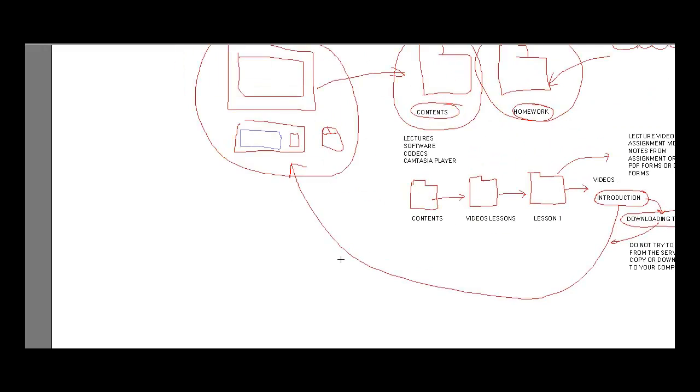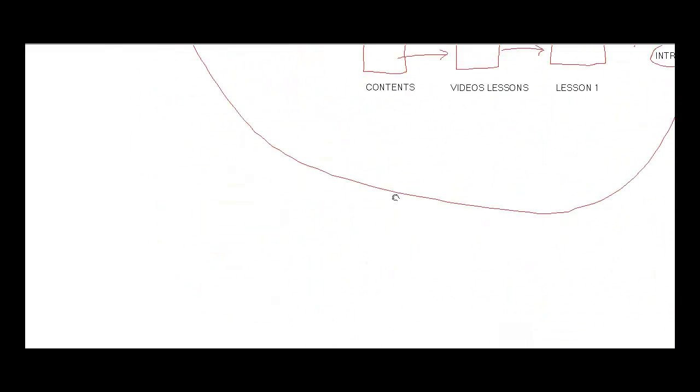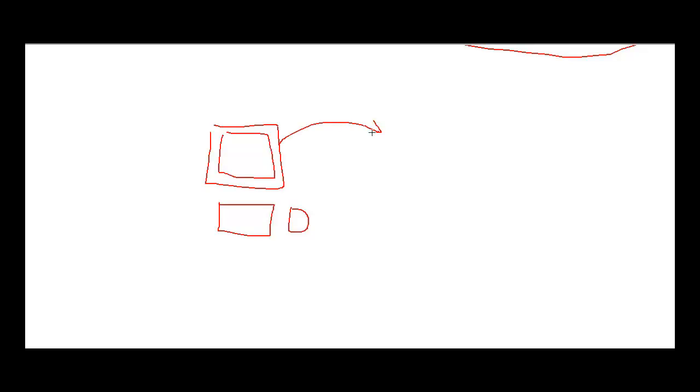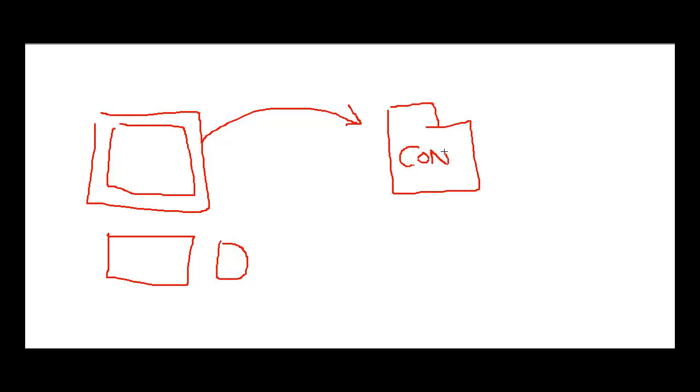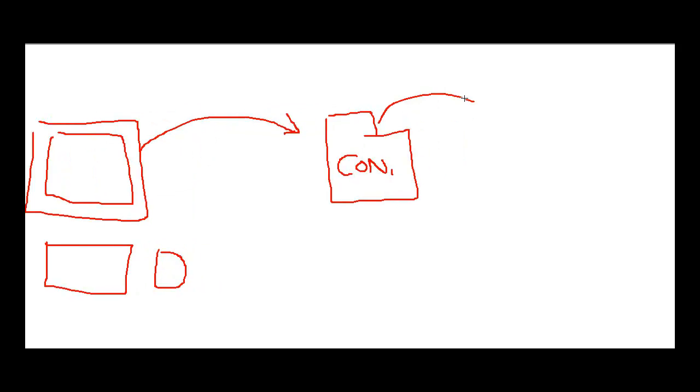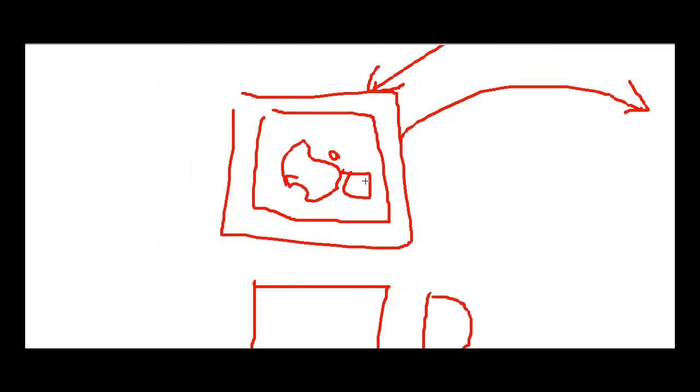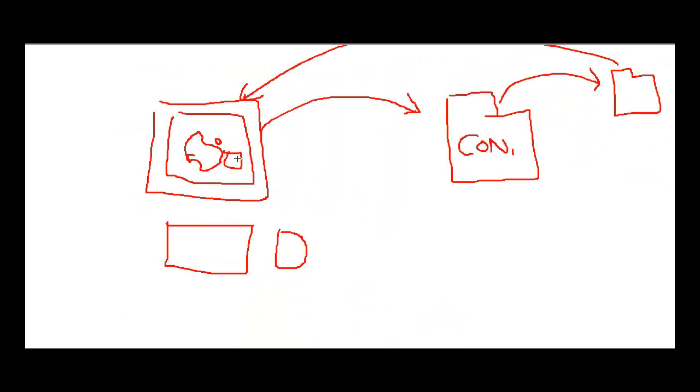Just to recap, essentially everything works like we said. You start off with your computer. I'll just draw another sketch here. You go to the online server, you go to the contents folder, and there we go, just write a CON there. You go in there, you go into your class, and you get your videos and assignments. You copy those back to your computer. You watch the videos on your screen. You learn the lecture material or do what it has for you to do the assignment.